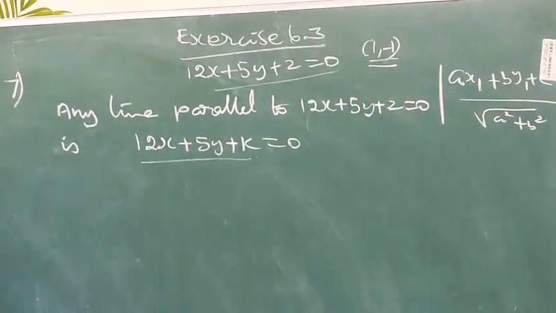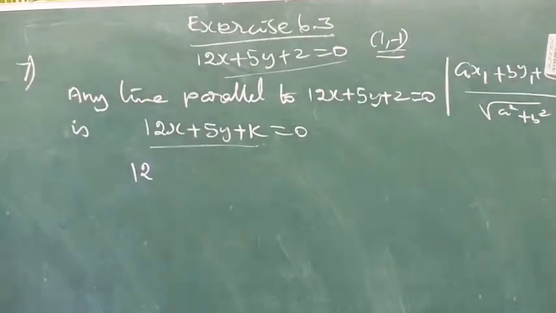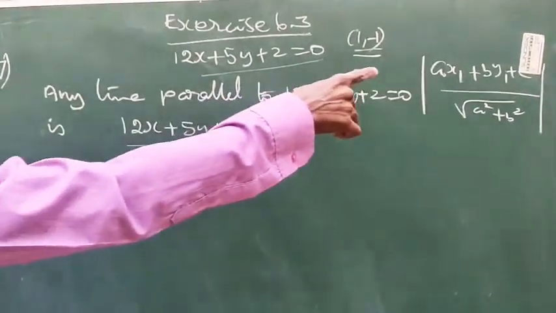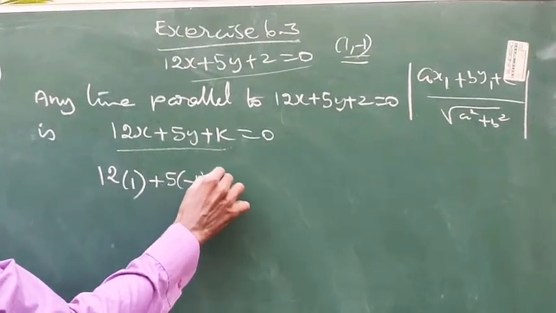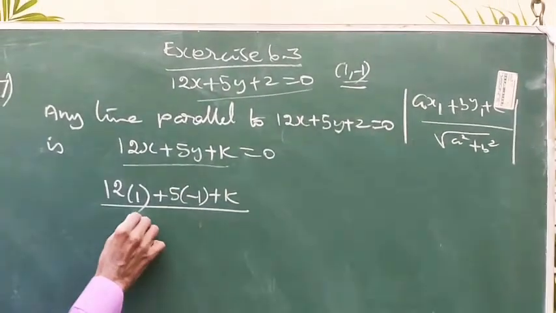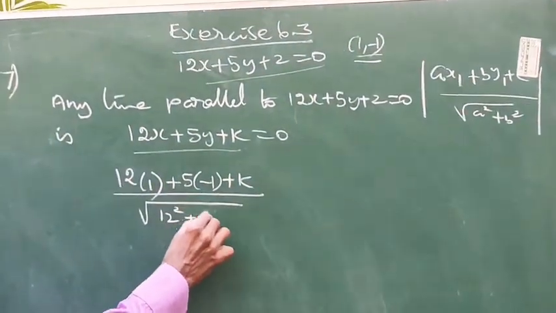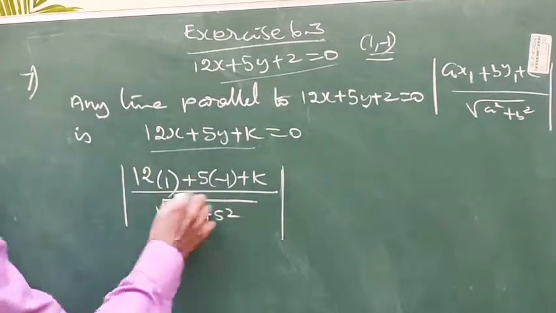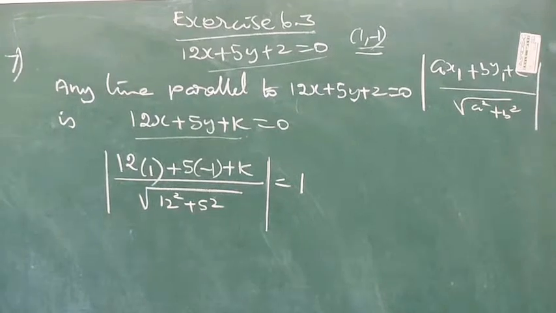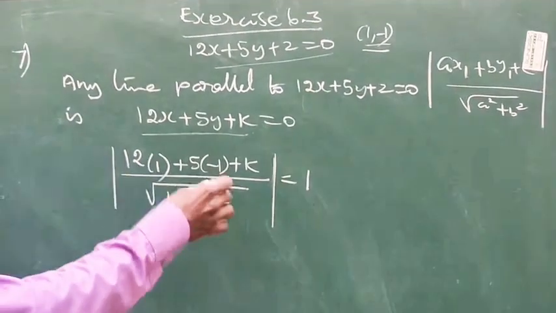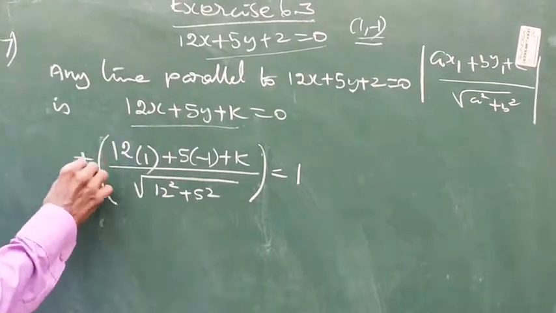So we are getting 12 into 1, the value of x1, plus 5 into minus 1 plus k, divided by the root of 12 squared plus 5 squared, equal to 1, as given. If we remove the modulus, we get plus or minus.